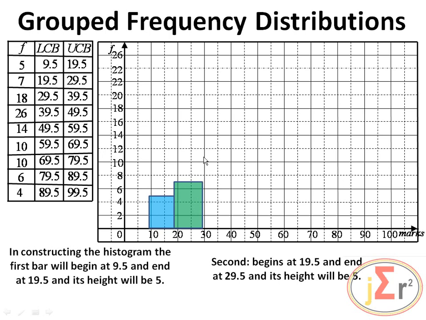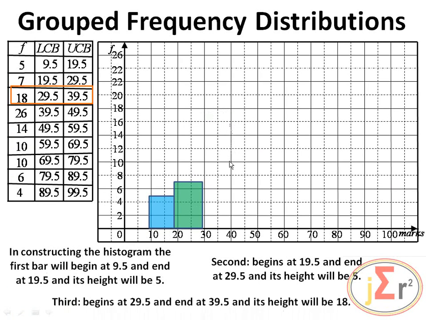So it will go all the way here like that and go down like that. So that's the bar. What about the other one? Begins at 39.5, ends at 49.5, and the height of it is going to be 26 all the way up there.